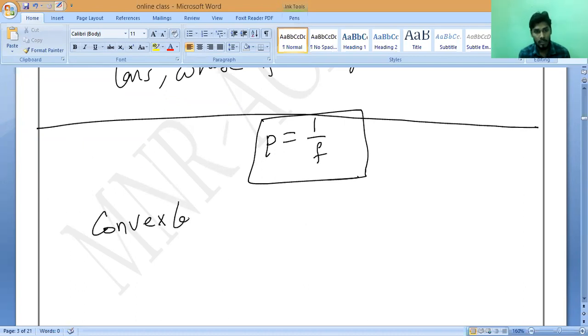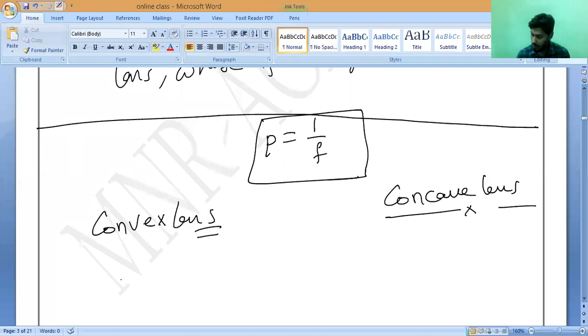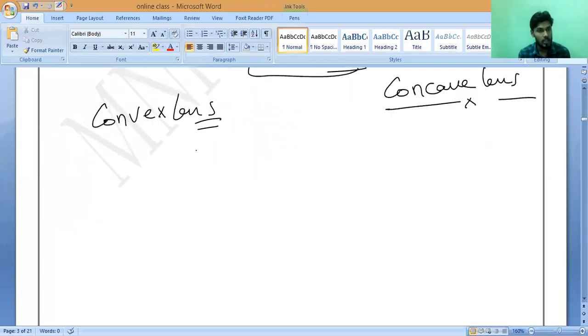Let us come to the convex lens and the concave lens. As we know, focal length is always given in centimeters. 90% of cases, focal length will be given in centimeters, correct?